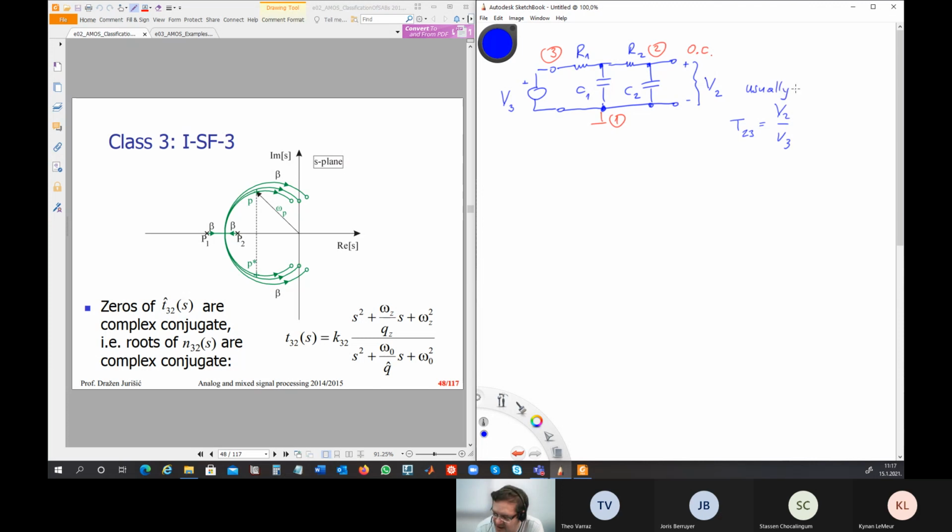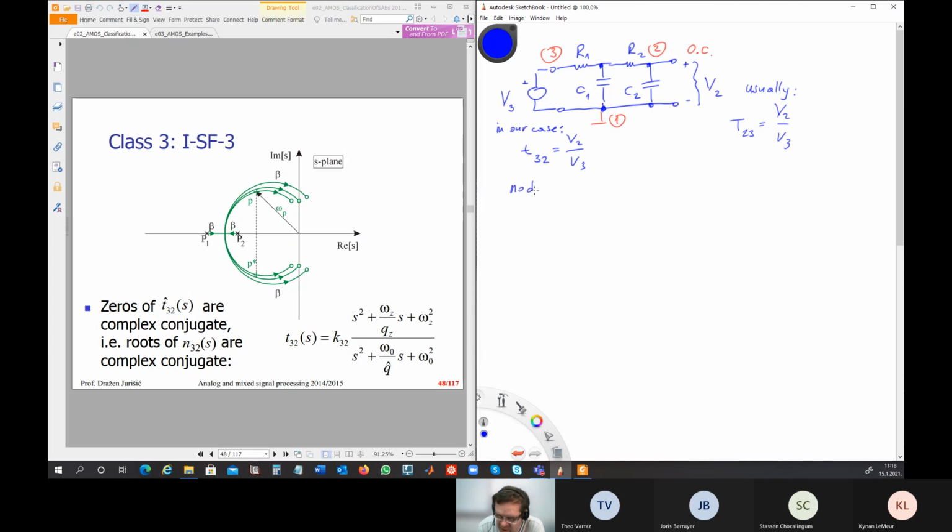We can call it T32. This is V2 over V3, the same. In our case this means that the signal is going from point 3 to point 2. So that's why we use this notation.